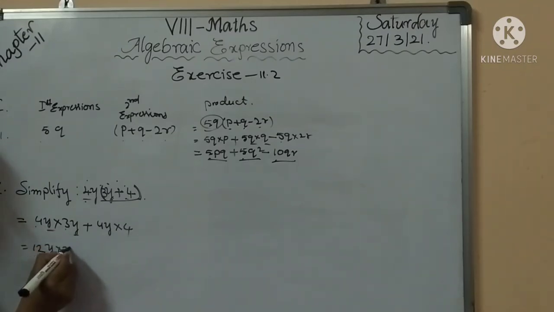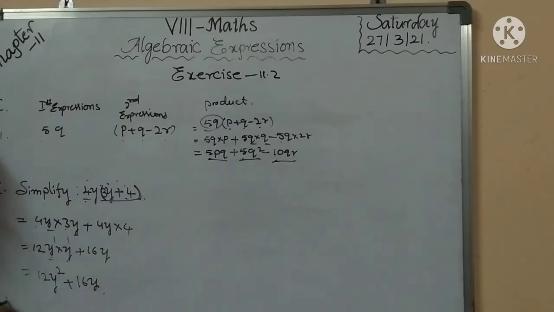Write y into y, plus 4 fours are 16 into y. Bases are same, then exponents are adding. 12y square plus 16y. Therefore, 4y into 3y plus 4 equals 12y square plus 16y. Understood, children? Okay.